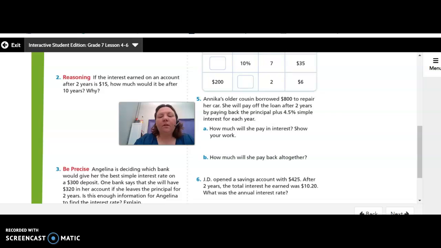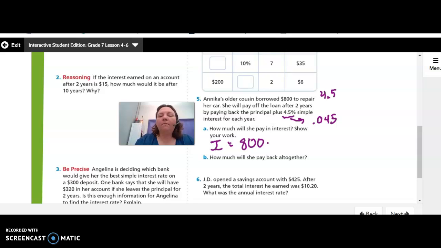So my interest formula says that I'm going to take $800 times my rate. But remember, my rate needs to be a decimal. We need to divide by 100. So again, you might find yourself wanting to write that down.